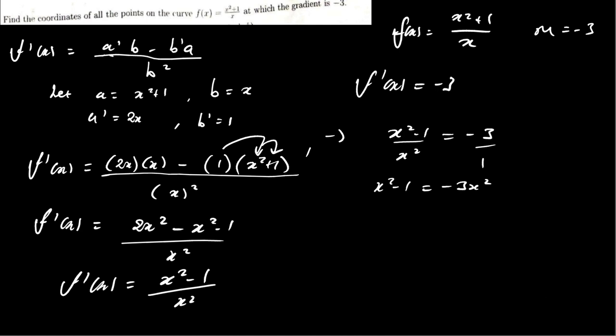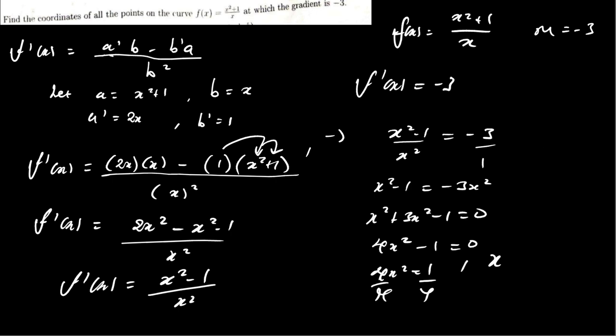We compute this: x squared plus 3x squared minus 1 equals 0, so I have 4x squared minus 1 equals 0. Solving for x, we have 4x squared equal to 1, divided by 4 on both sides, so x squared is equal to 1 over 4. You eliminate the square, plus or minus, so x is equal to plus or minus 1 over 2.